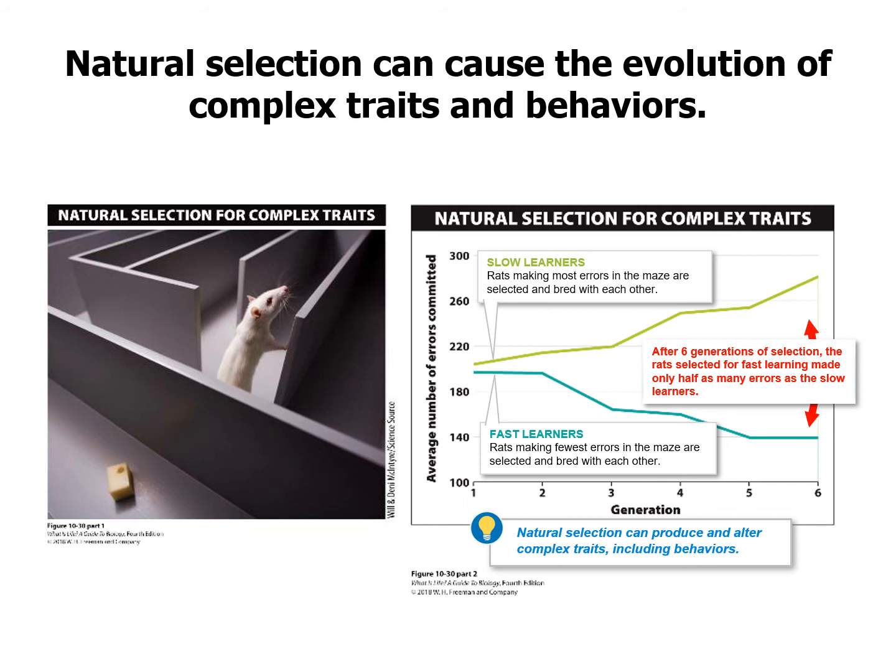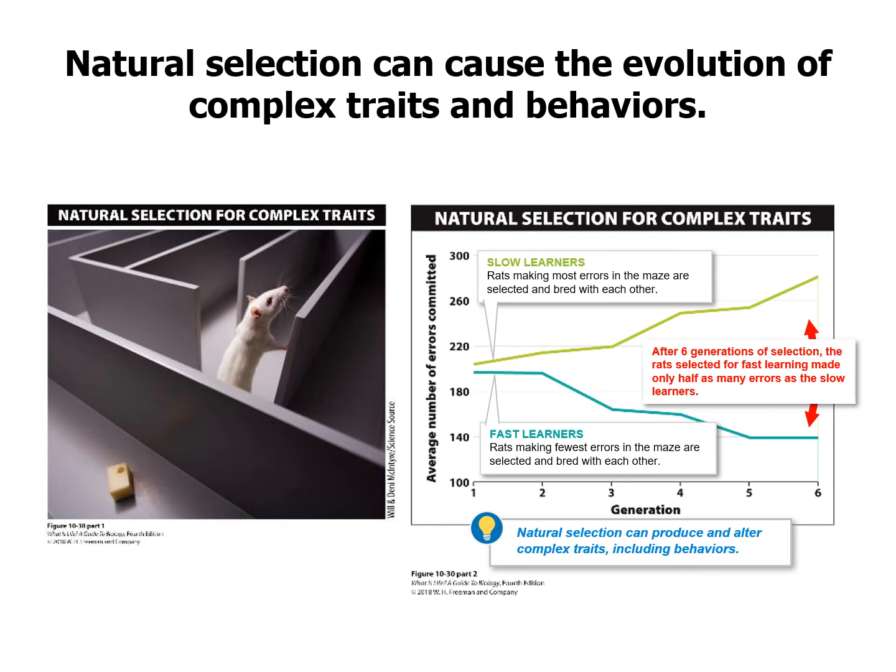After 6 generations of selection, the rats selected for fast learning made only half as many errors as the slow learners. So you can see on that green line that rats that were slow learners, making the most errors in the maze, were selected and bred with each other, and they got progressively more slow.